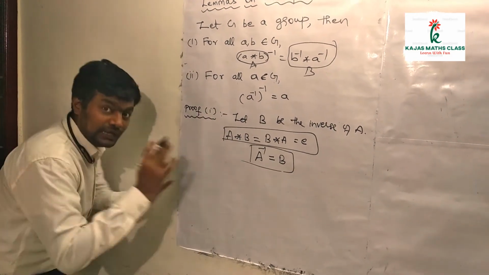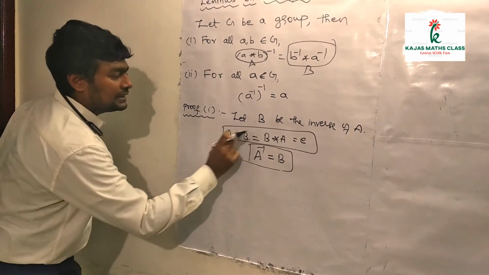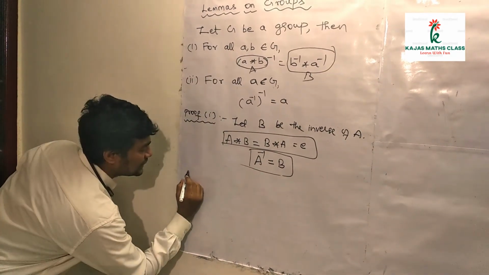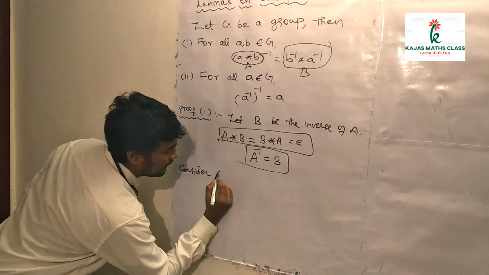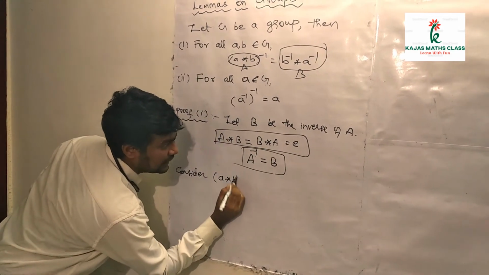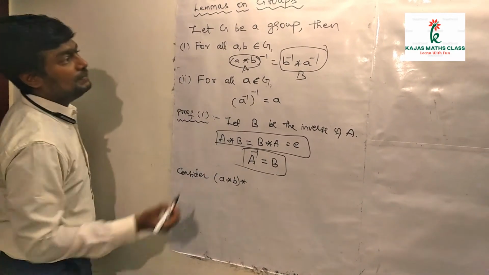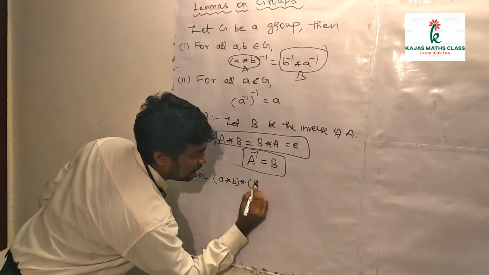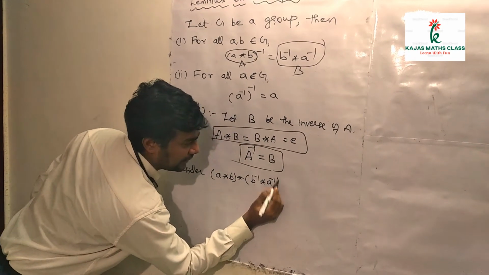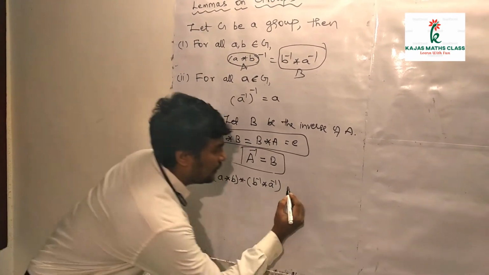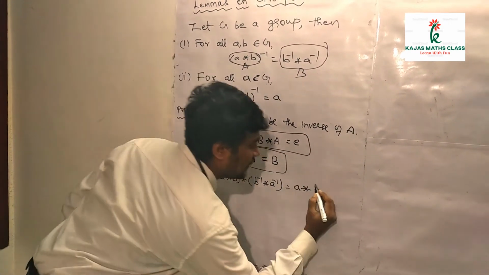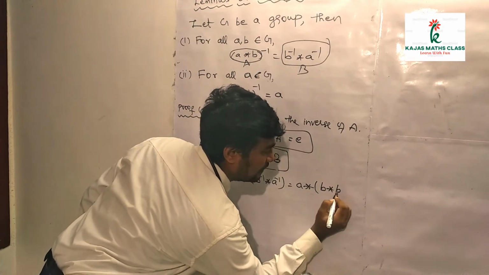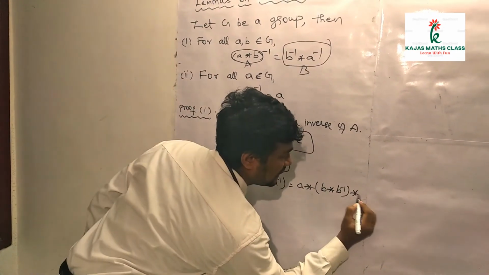First, the real proof starts here. What is a * b? In the place of a, you just consider a * b, and what is b? It is b inverse * a inverse. Am I right? Now, a * b * b inverse * a inverse.